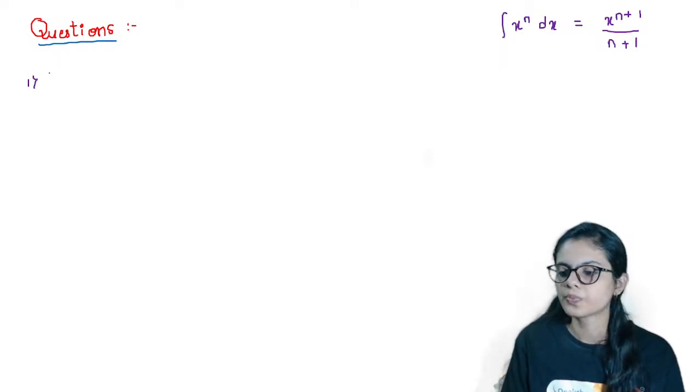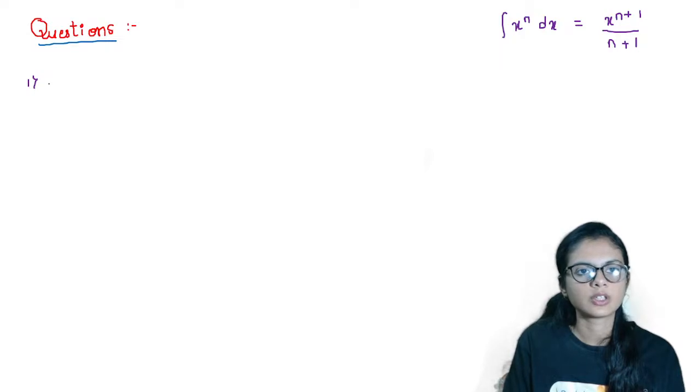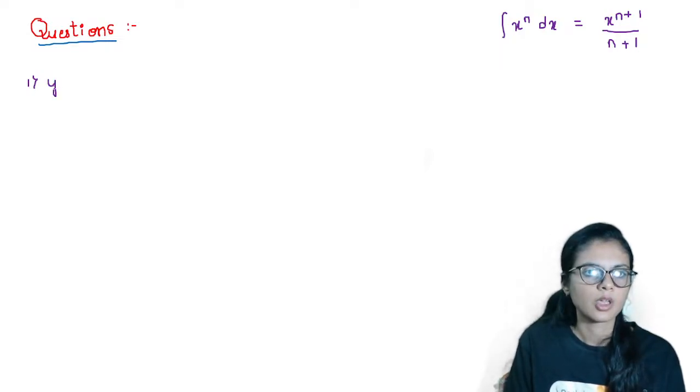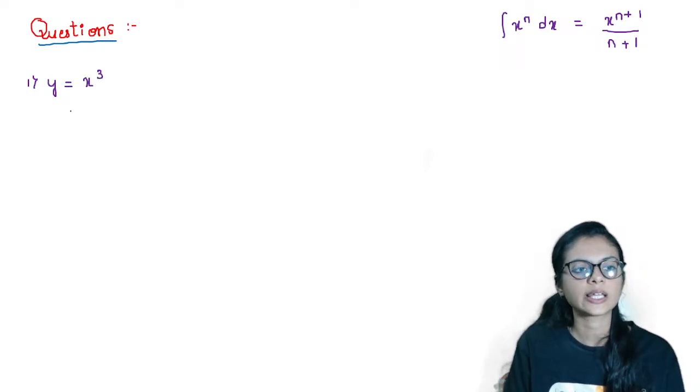Now, let's start with the simple thing. Let's consider y is equal to x cube. So what is the integration? Can anyone watching the video tell me the answer? Just apply this formula. What is the integration of x cube?